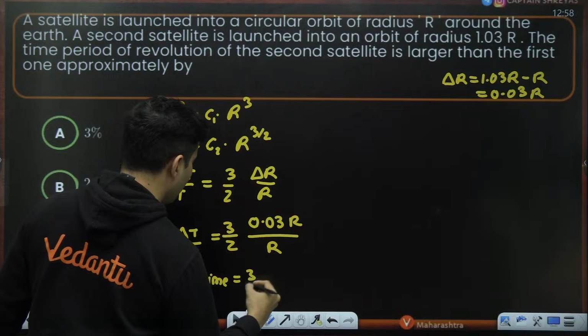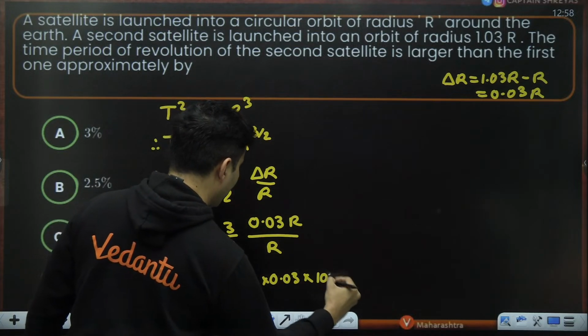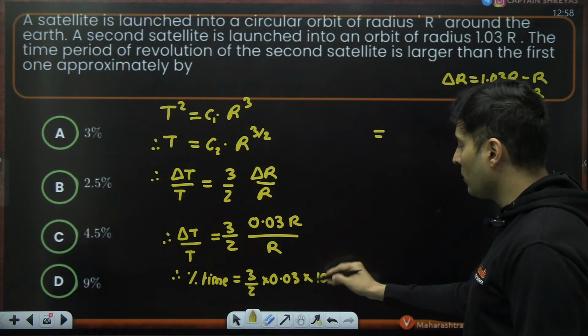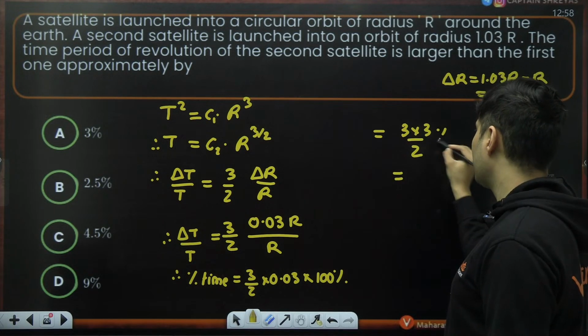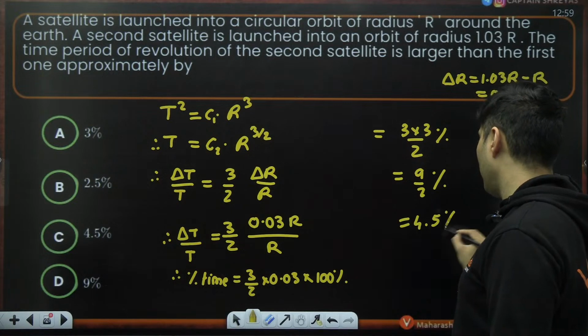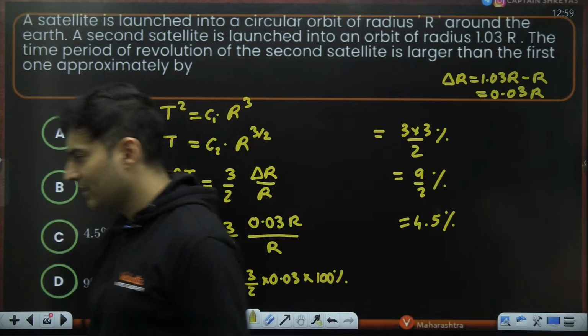So this will be 3/2. R, R got cancelled. 0.03 multiplied by 100 so that we get it in percentage. So 100 and the zeros and decimals cancel. So 3 into 3 divided by 2 percentage. 9/2 percentage, which is 4.5 percentage. 4.5% is option C. Perfect.